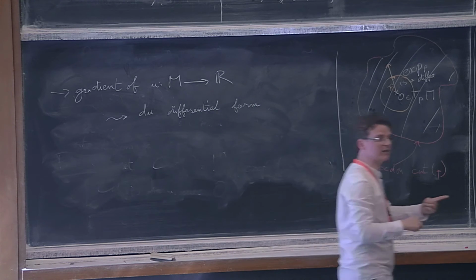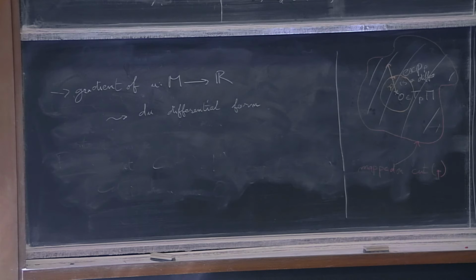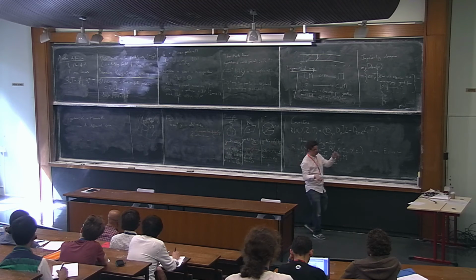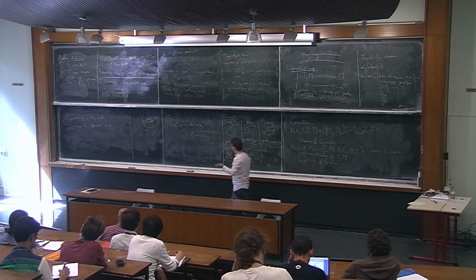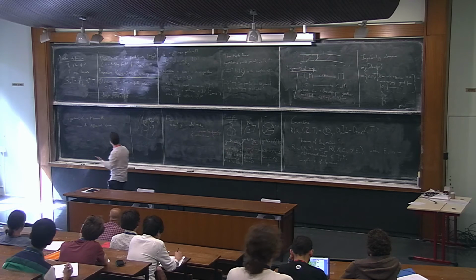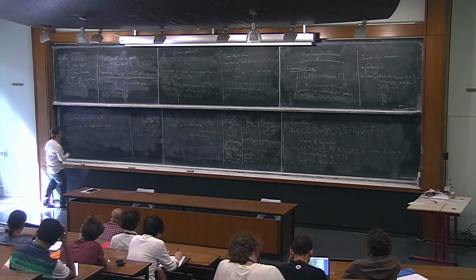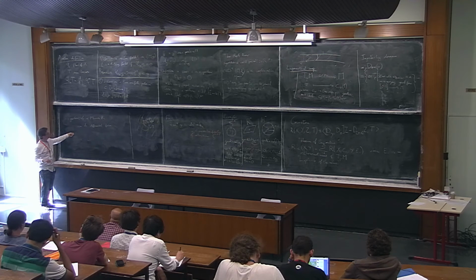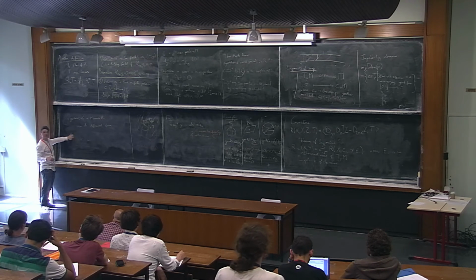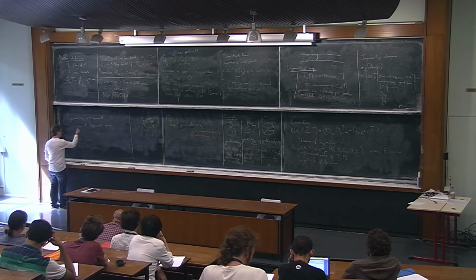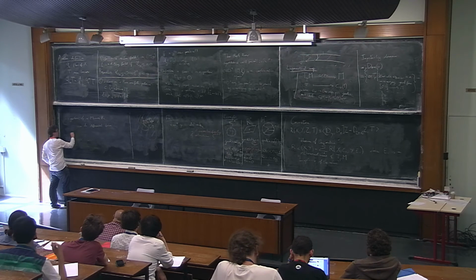It eats a vector at each point and gives you a real number, or it takes some vector field and gives you a smooth function. So with the metric, this is the usual business with inner product spaces: you have a duality between the space and its dual. So that gives a definition.